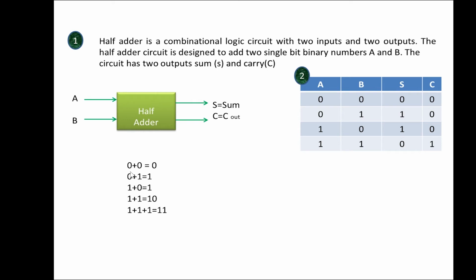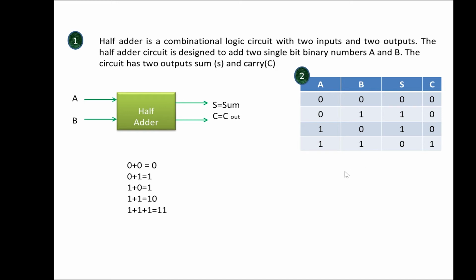Let us see the binary addition: 0 plus 0 equals 0, 0 plus 1 equals 1, 1 plus 0 equals 1, 1 plus 1 equals 10, that is, sum is 0, carry is 1. Here the outputs are 0, 1, 1, 0 for sum, and carry is 1 only for the last case. Here we prepared the truth table.